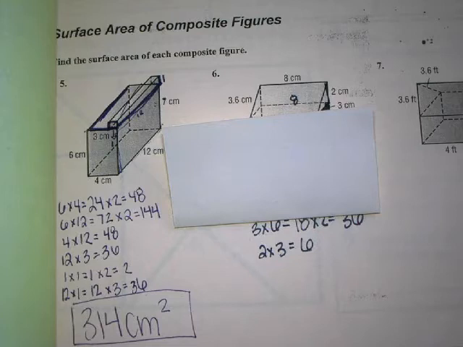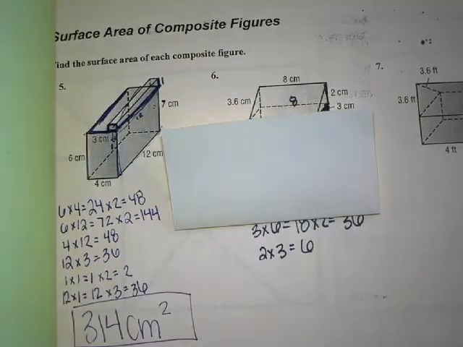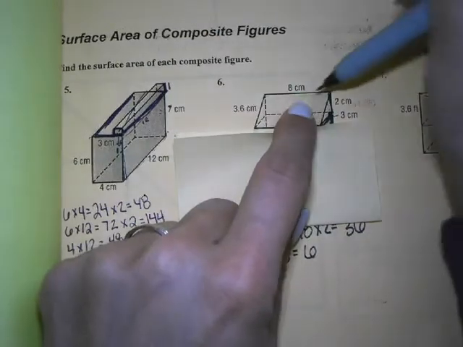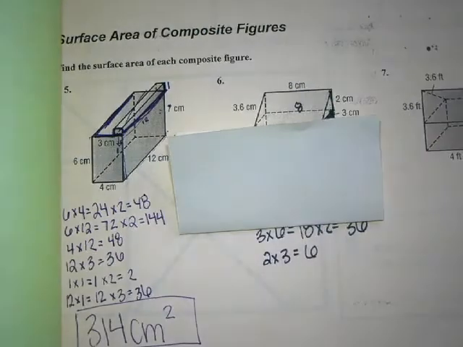Now, rectangles. In a normal triangular prism, there is how many rectangles? 3, right? But in this triangular prism, how many are on the outside of the shape? 2. We got the one on top and the one in the back. Does that make sense? The one on bottom is connected to your rectangular prism, so we can't count that one.